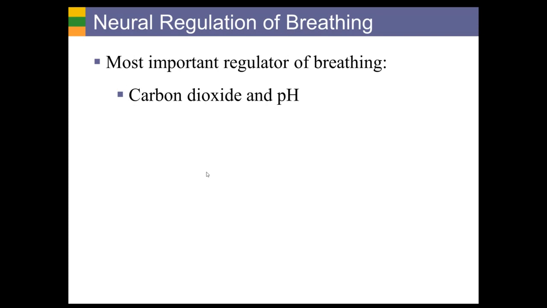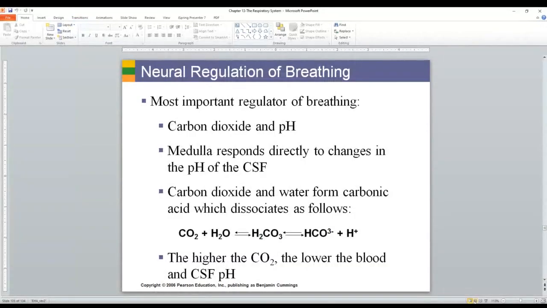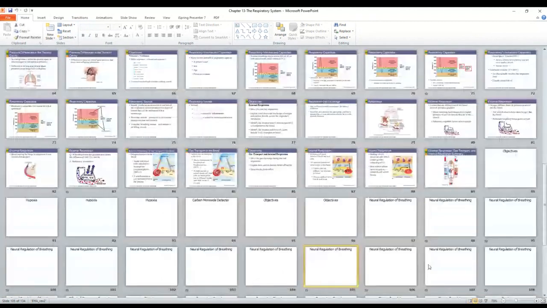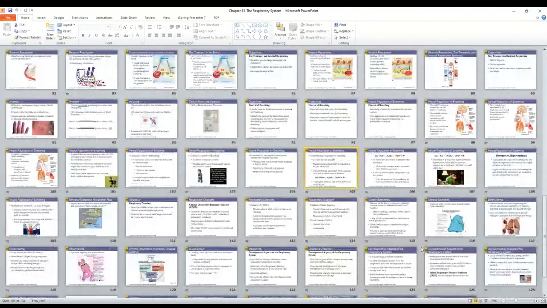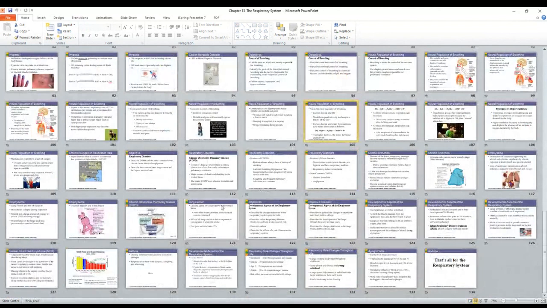Okay, I am at my end, and I really want to cover carbon dioxide and pH and their effect on regulation of breathing very well. So I'll stop here, and we'll start up from here on Monday, and we'll cover regulation of breathing by carbon dioxide, and then we'll talk about some different respiratory disorders, the developmental aspects of the respiratory system, and then we will start the urinary system.